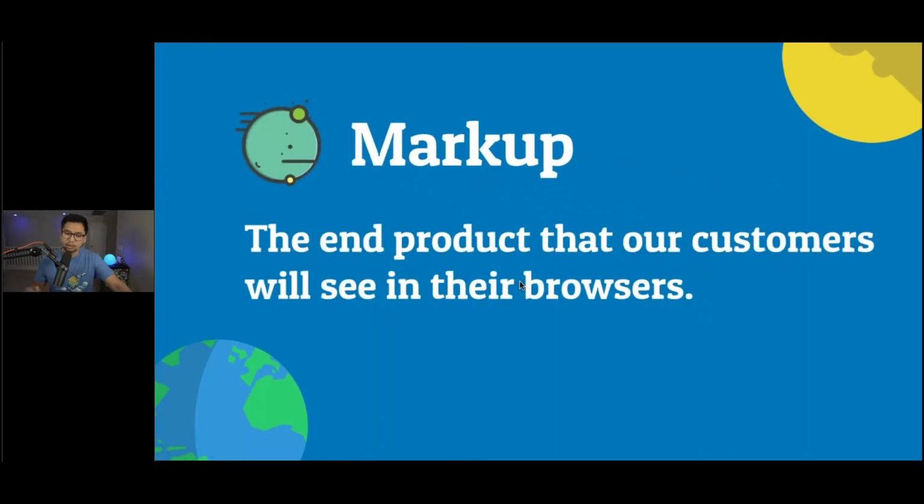All right, so next up we have Markup, which is the end product that our customers will see in their browsers. In this case, it's HTML. The M part of JAMStack is what helps us solve the speed of our websites and our applications, because whenever somebody would come to Scotch before, PHP would have to start itself up, go grab data from our database, use that data to render a view, and then finally spit out that view.